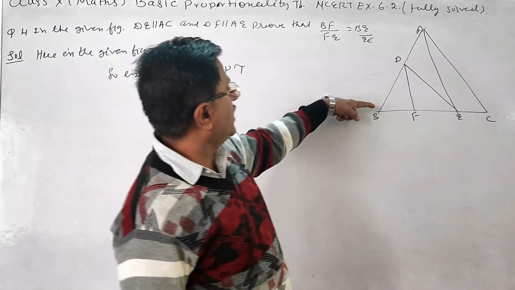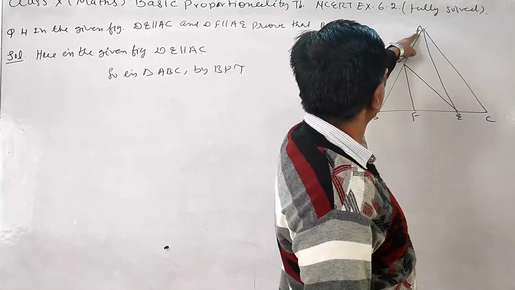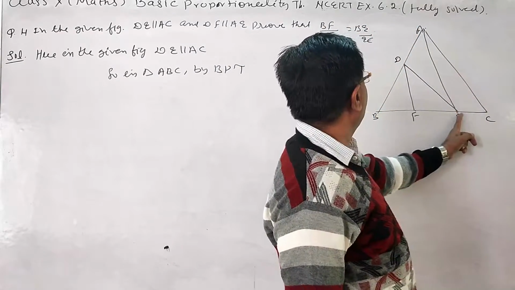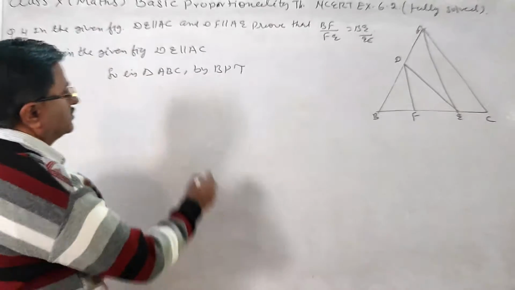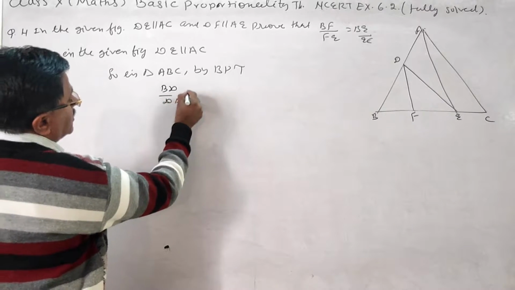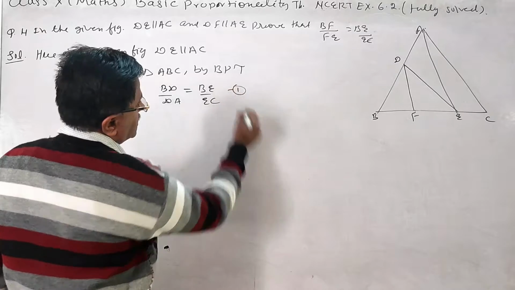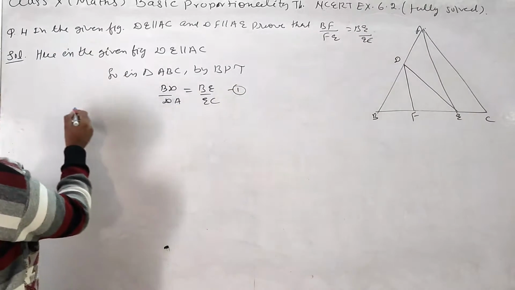So we can say that BD upon DA should be equal to BE upon EC. BD upon DA equal to BE upon EC. This is equation 1.